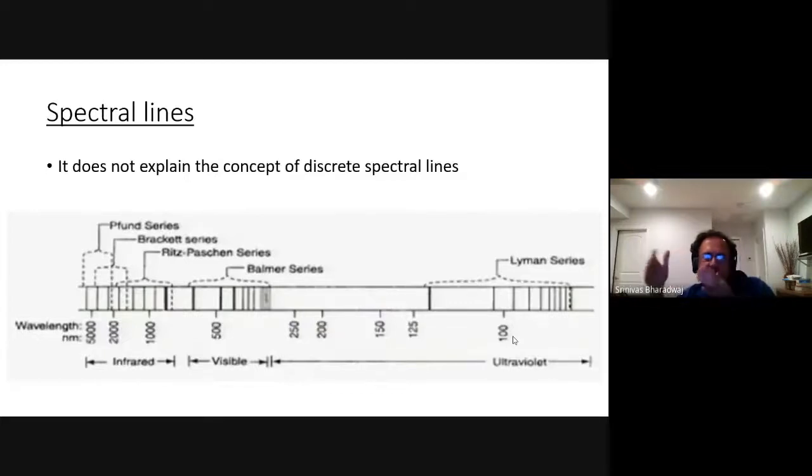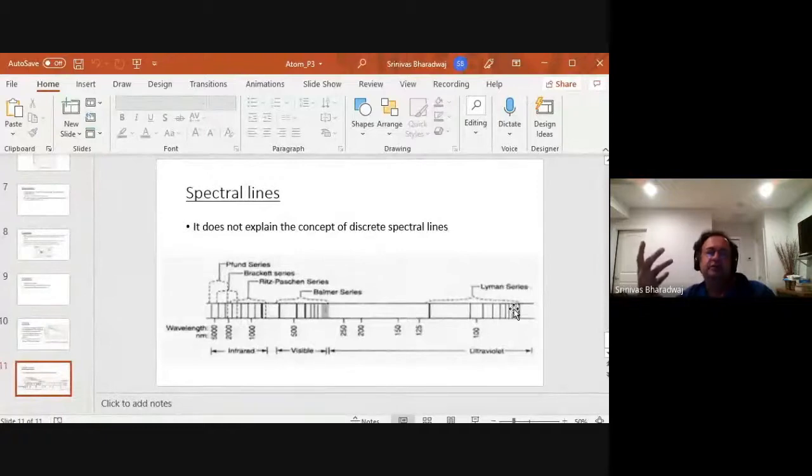And they formed distinct lines, and so these spectral lines were not being explained. They felt that these spectral lines, which are caused when the electron moves from one orbit to another, were not explained by the Rutherford model, being a model which deals with continuums, right?